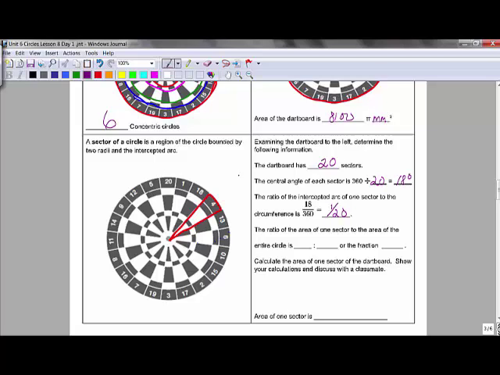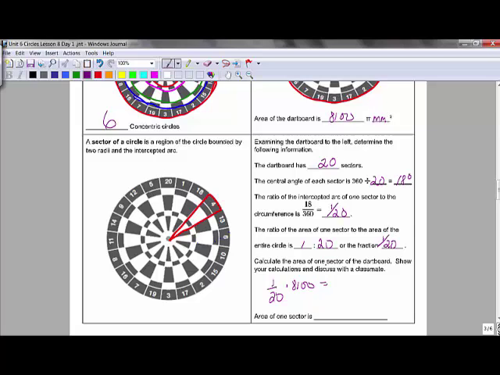The ratio of the area of one sector to the entire circle has to be the same ratio here, 1 to 20, or the fraction 1/20. And so now we're going to use that information to go ahead and calculate the area of one sector. So we have 1/20 of the entire area that we just calculated.